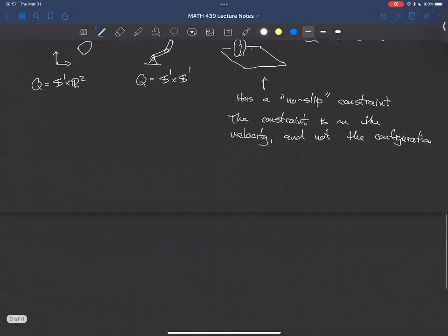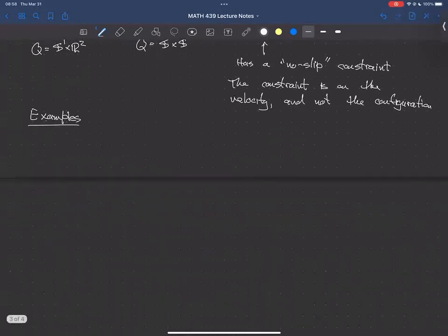So let's look at a couple of examples. We're going to look at 2 examples, and I'm going to treat them both in the same way. These 2 examples are very similar, but they're different in an important way, which we will understand.